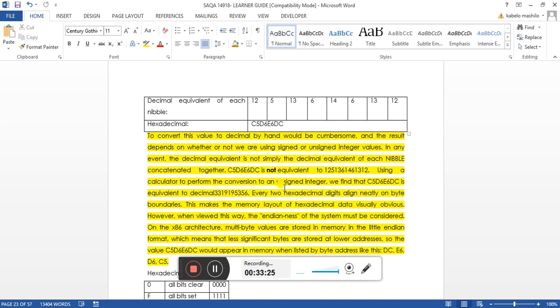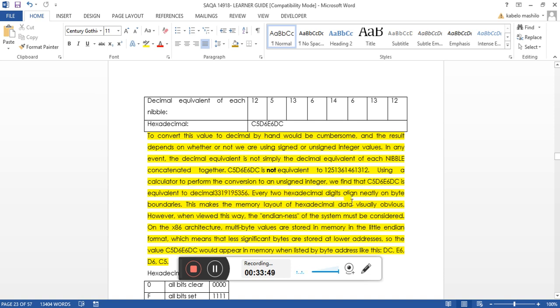CD6EC6DC is not equivalent to 1251136 and so forth. Using a calculator to perform the conversion to an unsigned integer, we find that this is equivalent to this decimal number.